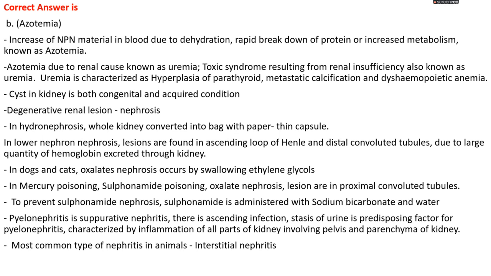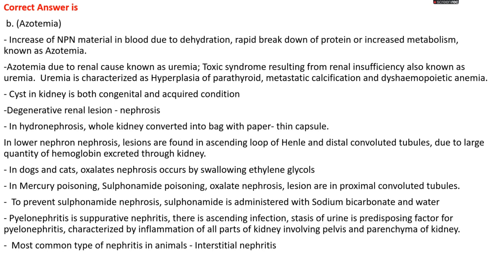In dog and cat, oxalate nephrosis occurs by swallowing a large amount of ethylene glycol. In mercury poisoning, sulfonamide poisoning, and oxalate nephrosis, lesions are in proximal convoluted tubules. To prevent sulfonamide nephrosis, sulfonamide is administered along with sodium bicarbonate and water.